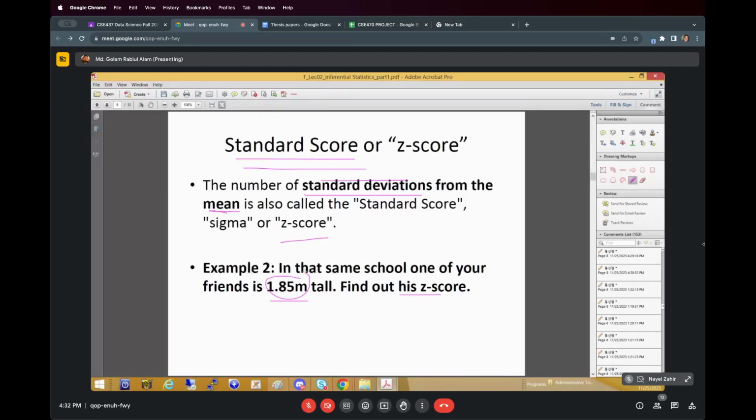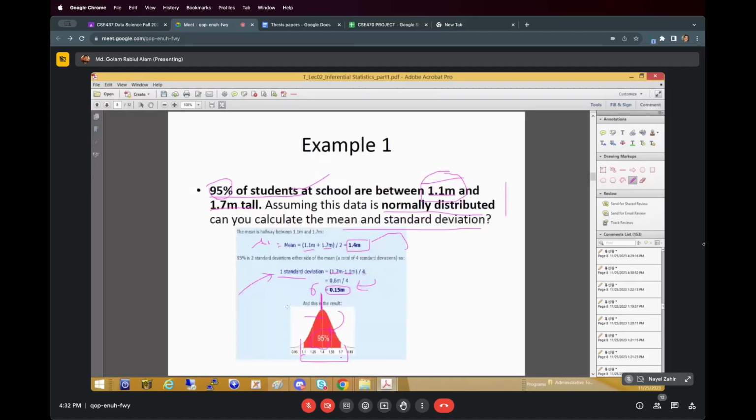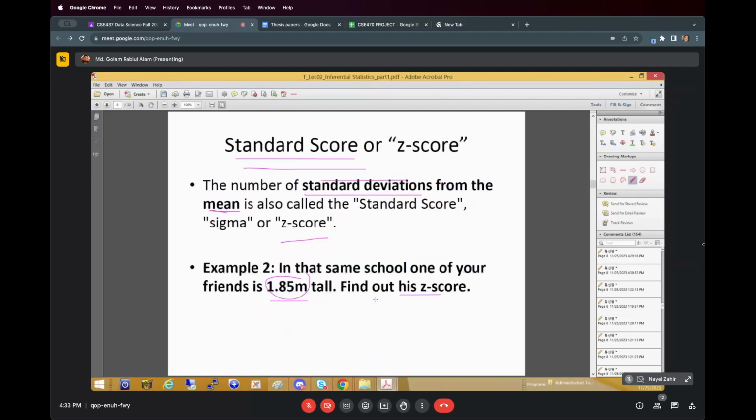If we look here, the 95% range goes up to 1.7, but your friend is 1.85, which is more than that. So the student's height lies more than two standard deviations away. But exactly how many standard deviations is it?